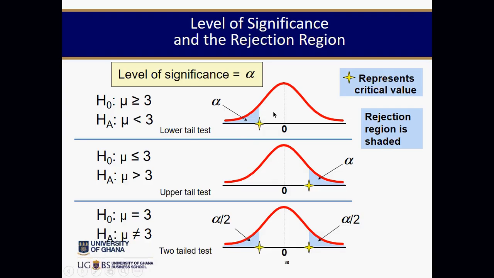Basically, what this means is that for a lower tail, if you get a value which is lower than or equal to the critical value from the distribution table, then you reject the null hypothesis.